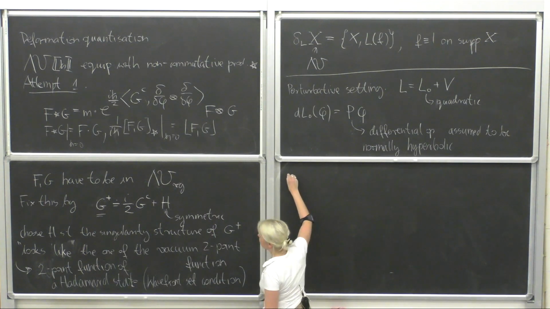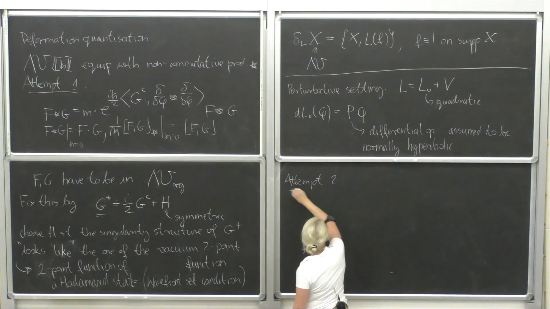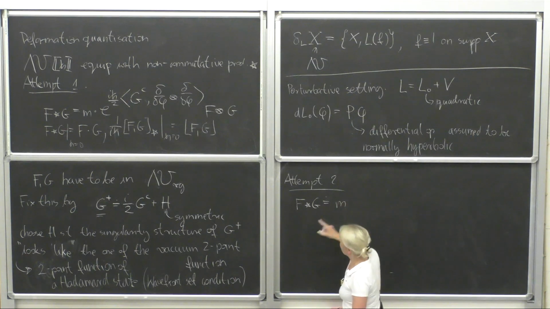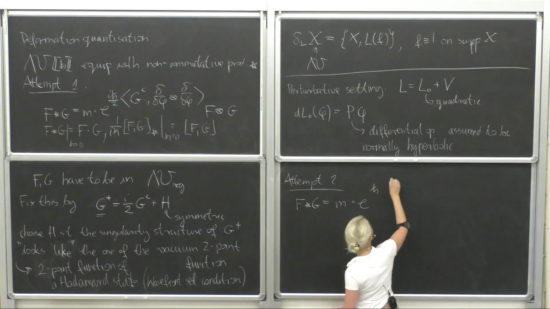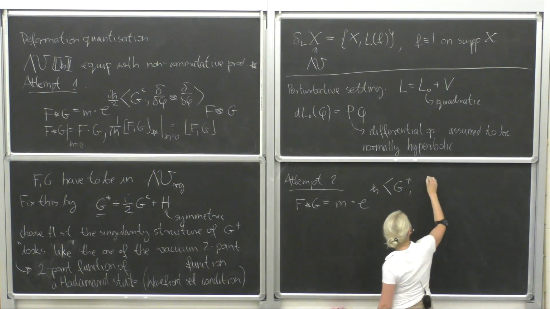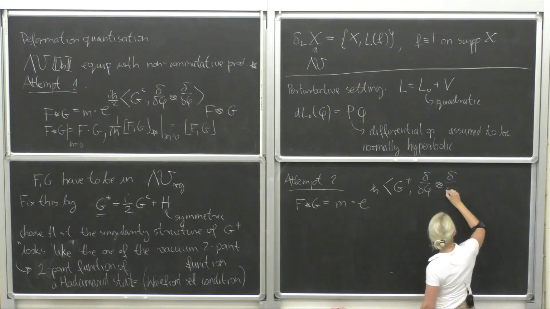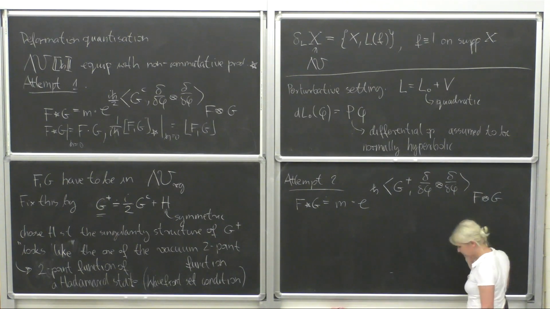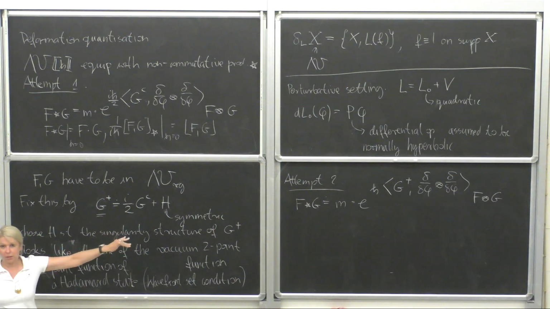So attempt 2, and this is the final attempt. We say that F star G, sorry, I lied to you, it's actually this one: H bar G plus D over D phi tensor D over D phi F tensor G. Okay, so that is a good definition.